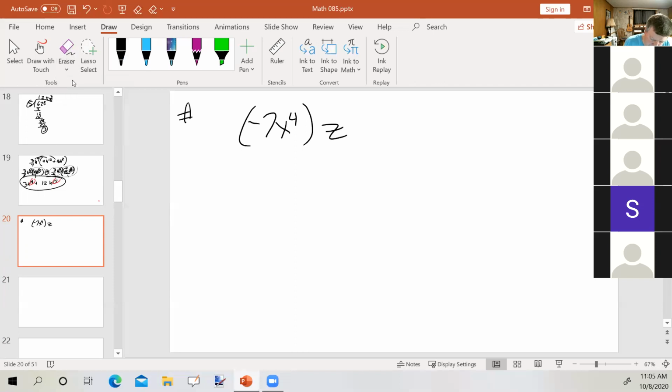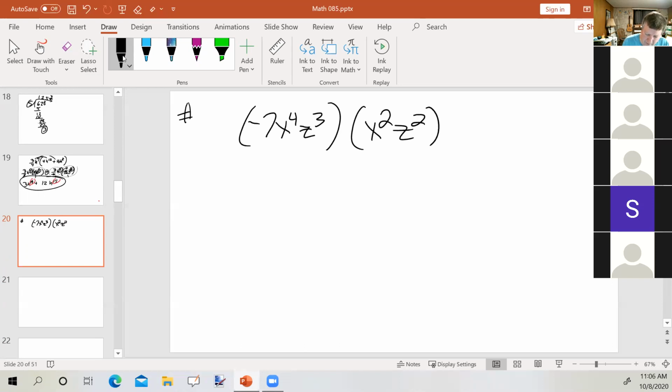Take that off. And the z's in there. Third power, you said? Yeah. Okay, and then close parentheses. And then it's times parentheses, x to the second, and z to the second, and close parentheses.